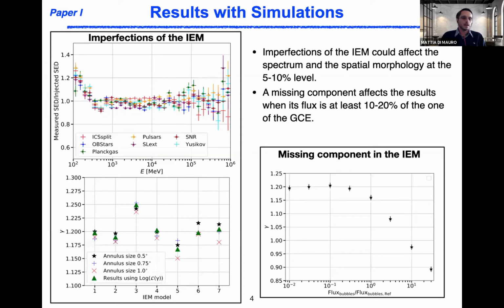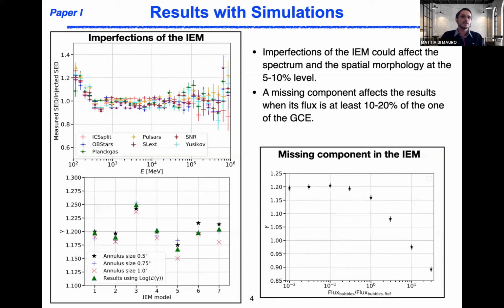In the top left plot, you see the reconstructed spectrum as a function of the injected one, where we try different interstellar emission models. You see that there are systematics of the order of 10–15%, but the spectrum is pretty well reconstructed above 500 MeV.